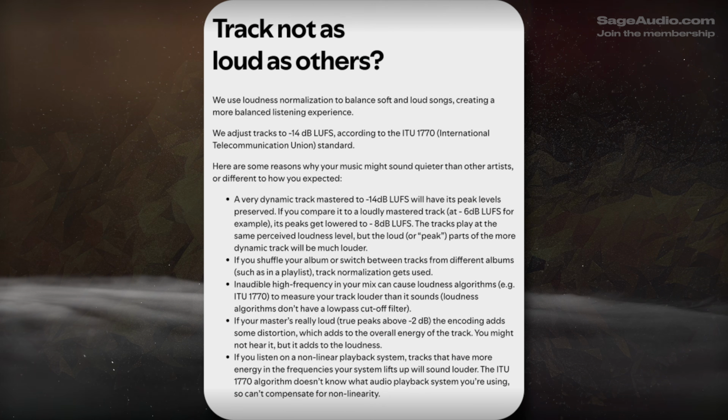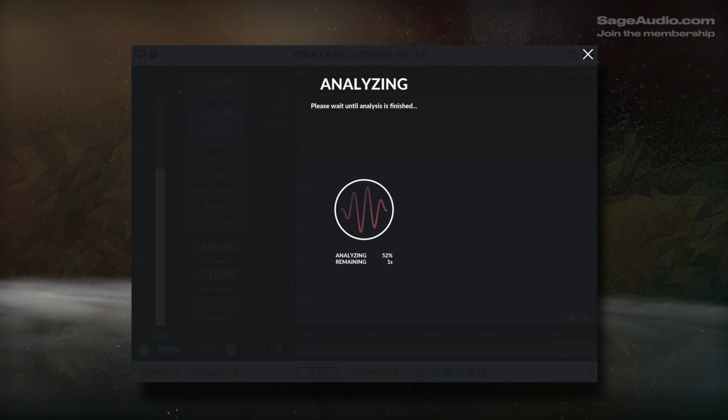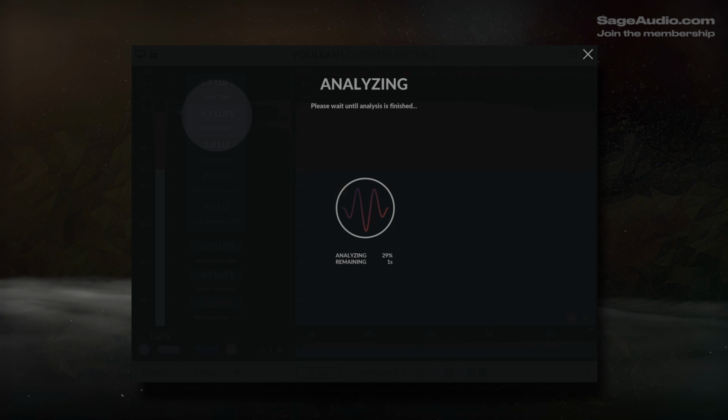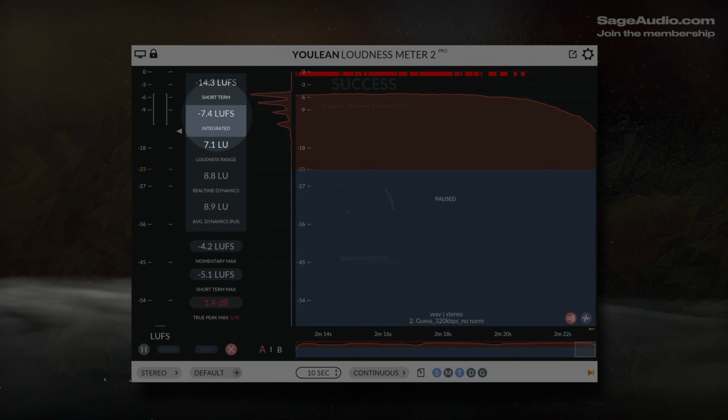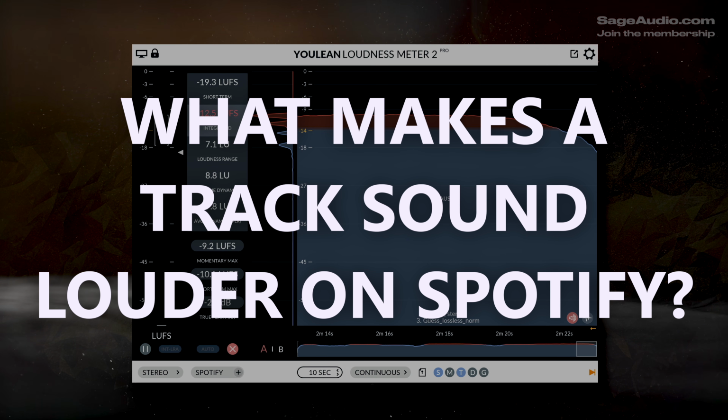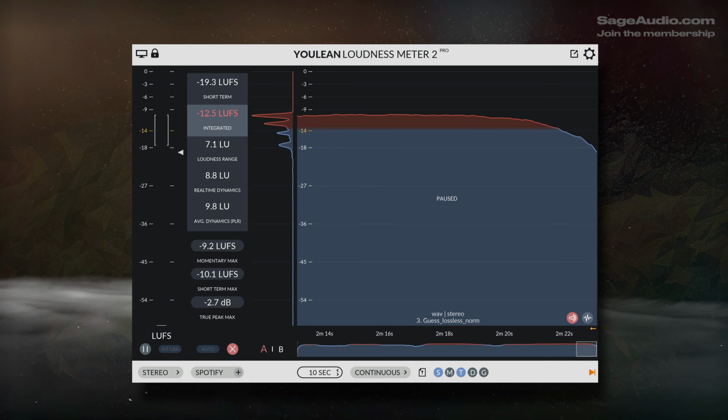Now, even Spotify claims that some tracks sound louder or quieter after normalization because these frequencies cause less accurate LUFS readings. But everything that I measured shows that it makes no difference with the integrated LUFS and barely changes any other metrics. So, what makes a track sound louder on Spotify, or any other streaming service for that matter?